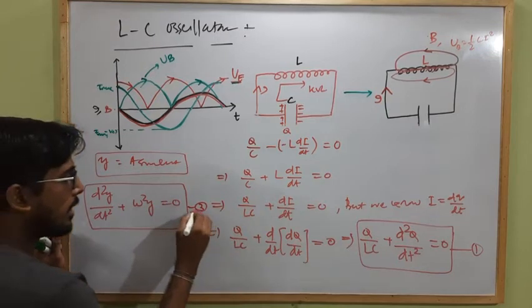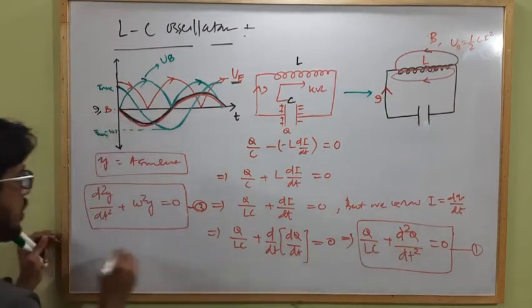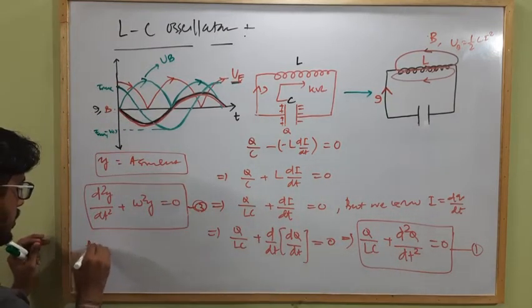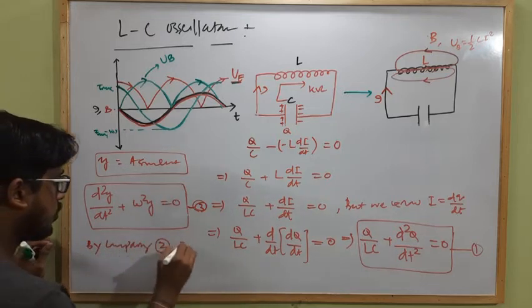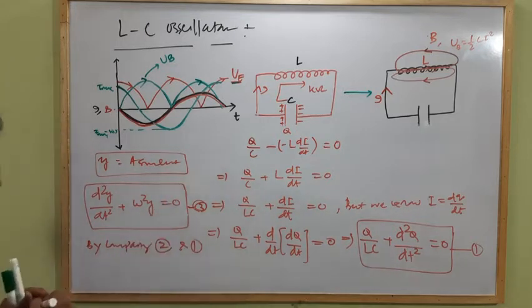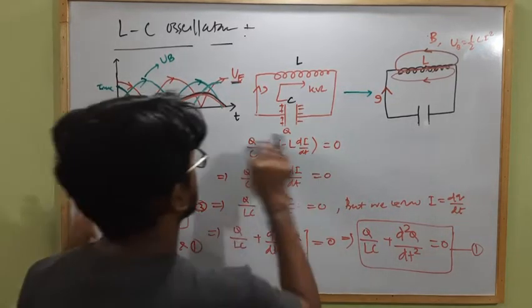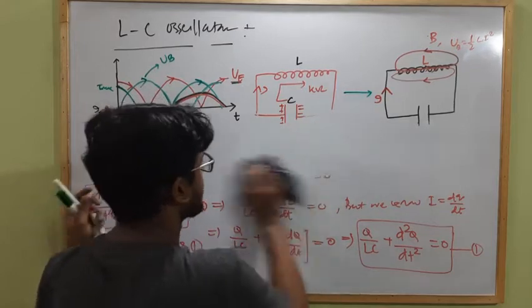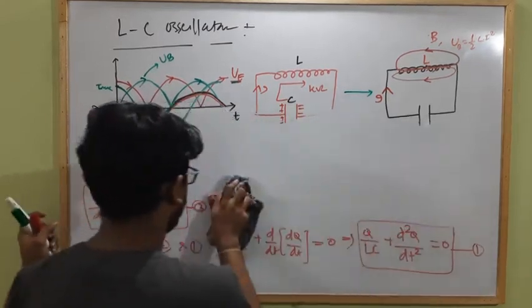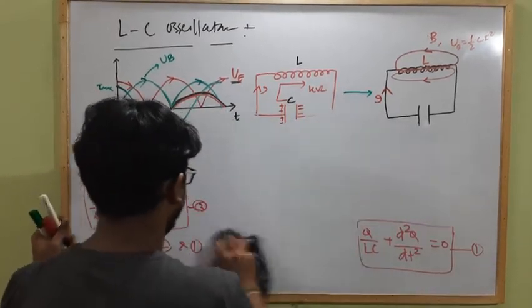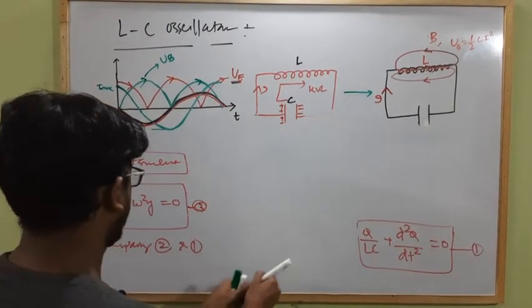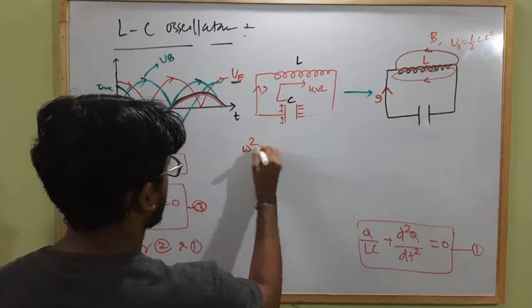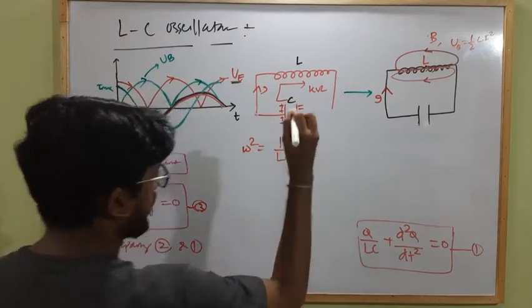So by comparing equation 2 and 1, we will get omega square equal to 1 by LC.